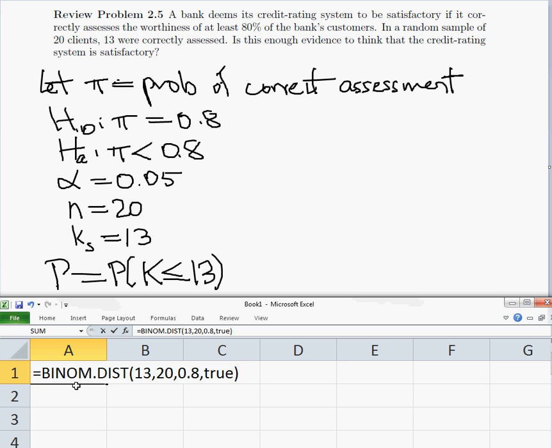There is a similar command for a TI-83 calculator, and for that command I'll refer you to the other videos where the binomial distribution was applied. But using Excel, we need to find the chance of 13 successes or less, and we get an answer of 0.087 basically.